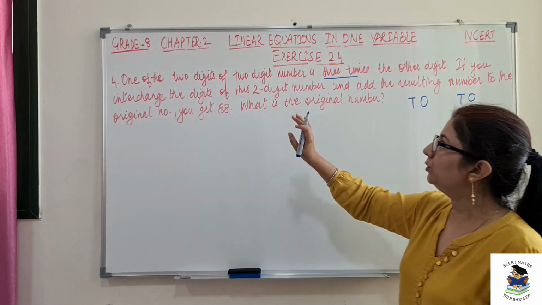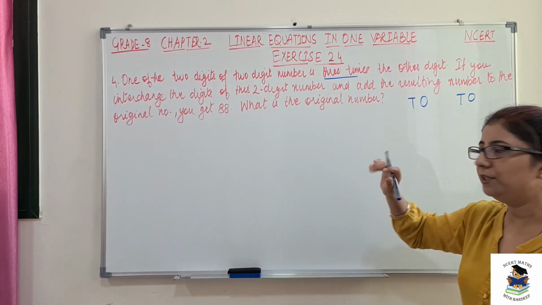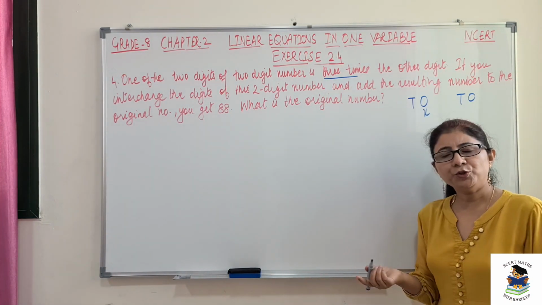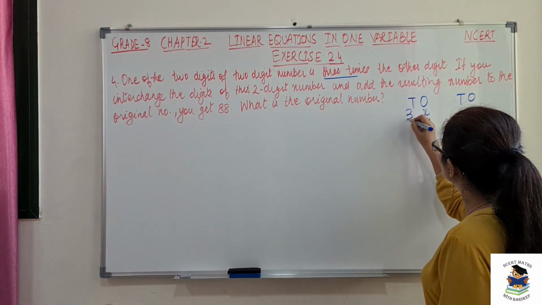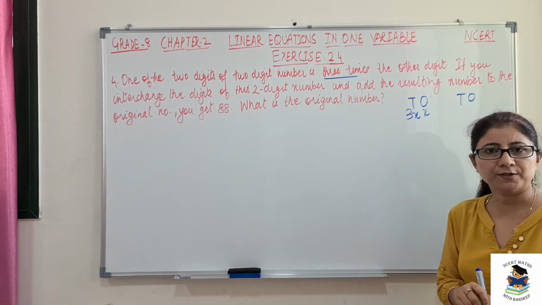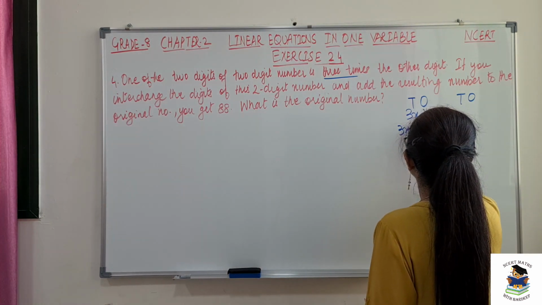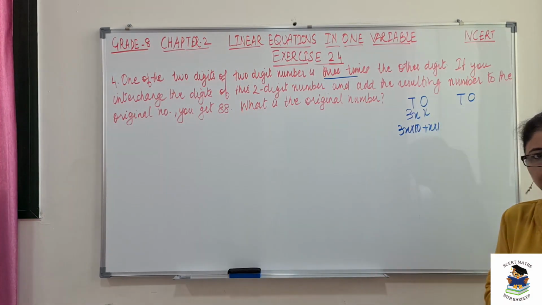So one of the 2 digits of a 2-digit number is 3 times the other digit. Suppose I am taking 1's digit as x, then what should be the digit at 10's place? 3 times x. So this is 3x. Okay. So how to get this number? 3x multiplied by 10 and x multiplied by 1.